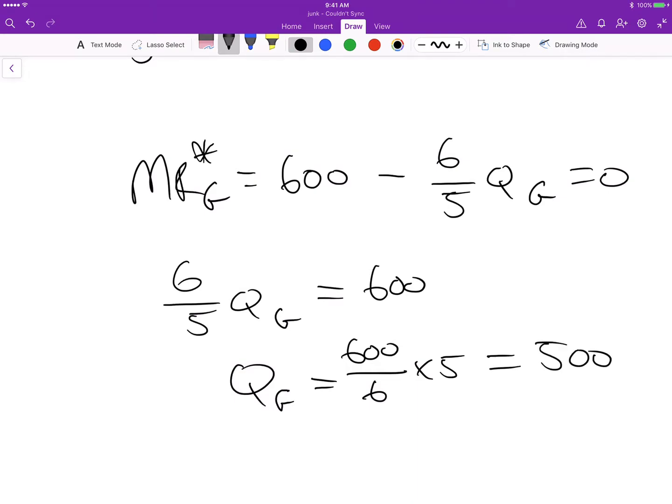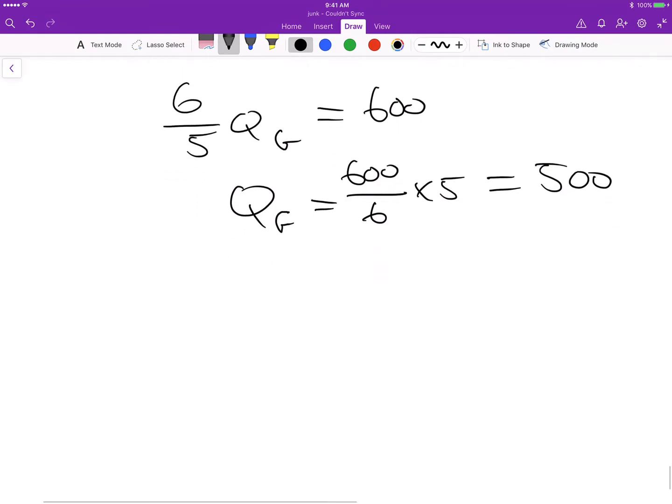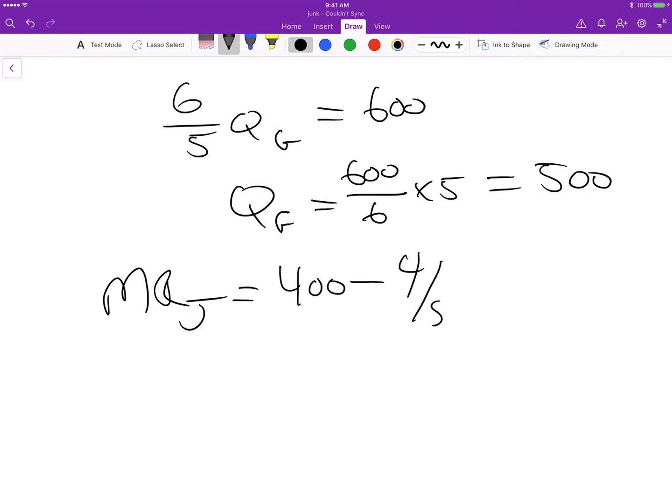So already we can see they're not going to satisfy the capacity constraint unless for some reason they don't want to sell any of their service to Japan, right? Because 500 is the capacity constraint. But let's go ahead and find out what that quantity is in Japan. Here the marginal revenue for Japan will be same intercept of 400, double the slope, so 2/5 becomes 4/5 QJ.